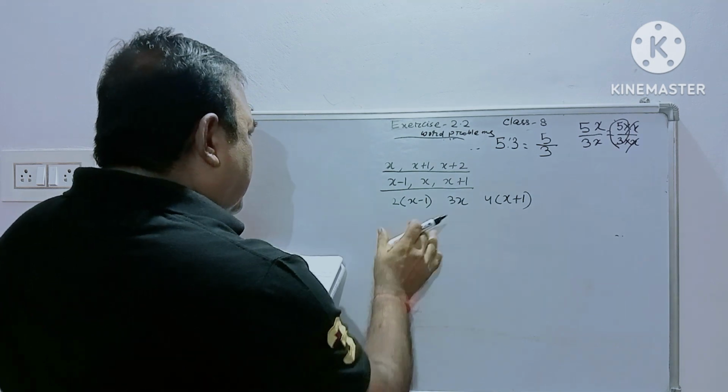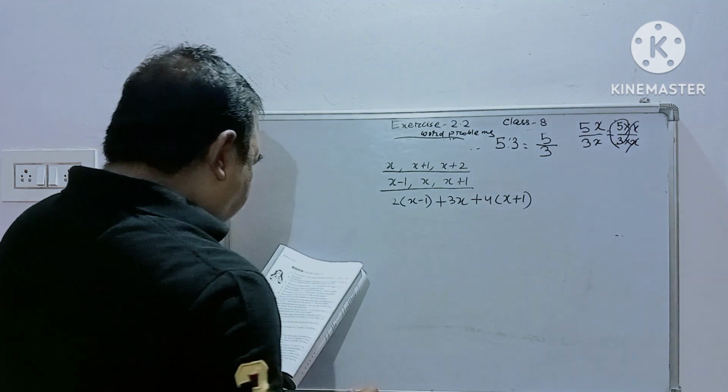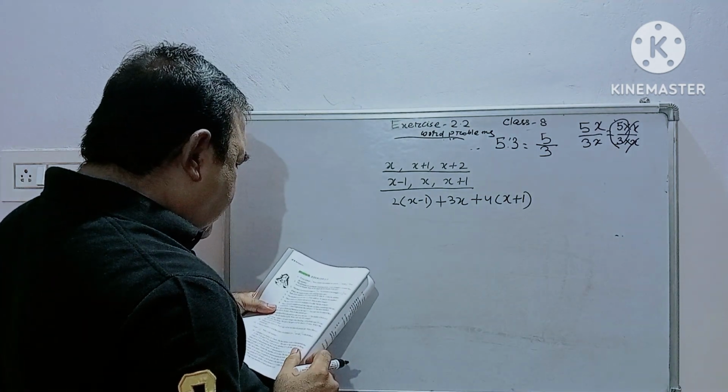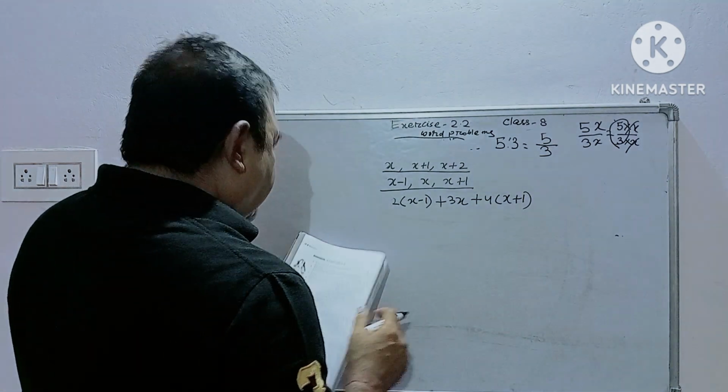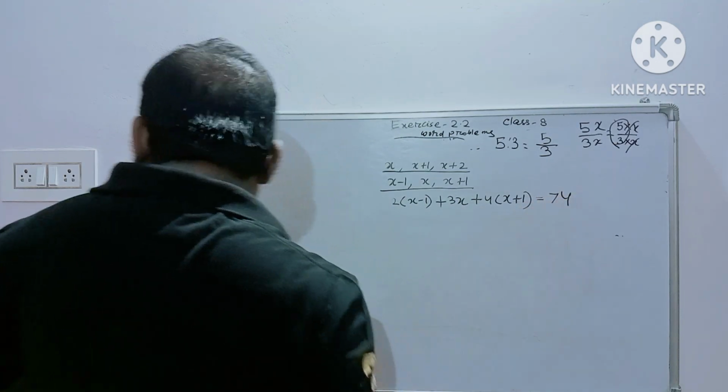And we have to add them. If we add them, the sum will be equal to 74. So this is the equation.